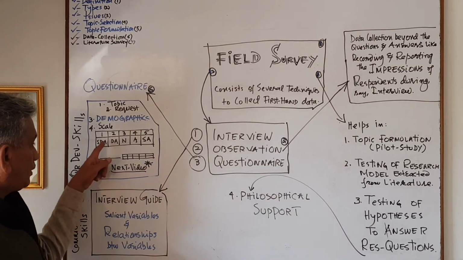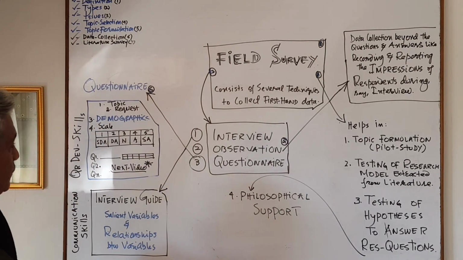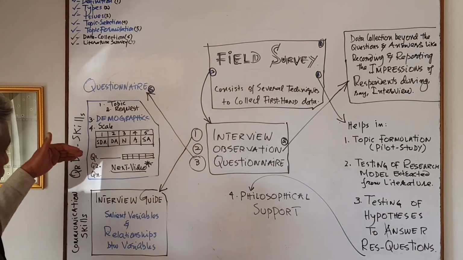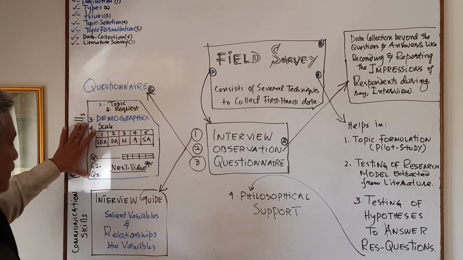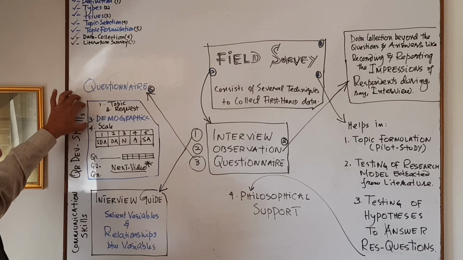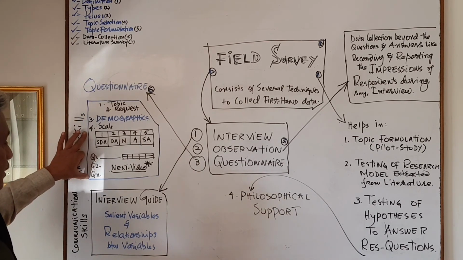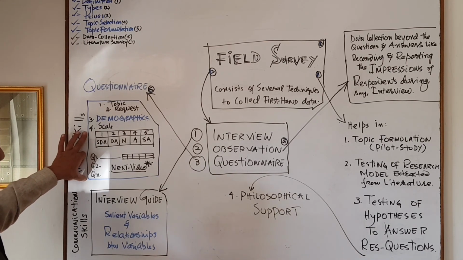We shall talk about the scales and levels of measurement in our next video, but at the moment you can simply understand that a questionnaire is made of two parts. One part is the data about the respondents' demographics, and the other is the part where questions about the research topic are placed.